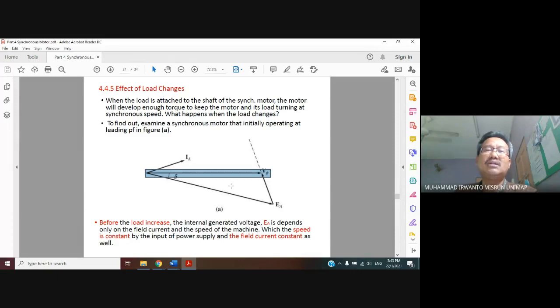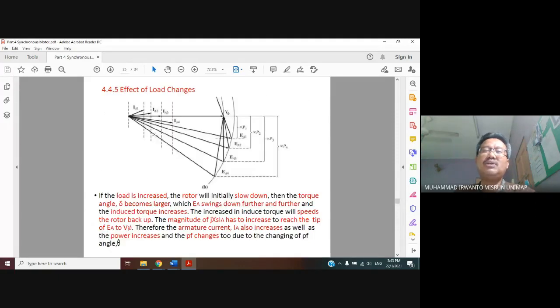Yeah, this one. And then look at the change of the load. Look at P1, P2, P3, P4. Now so it is the change of the load.